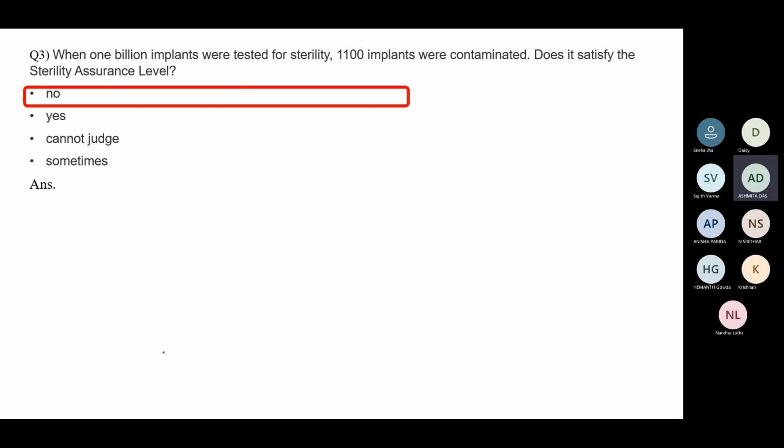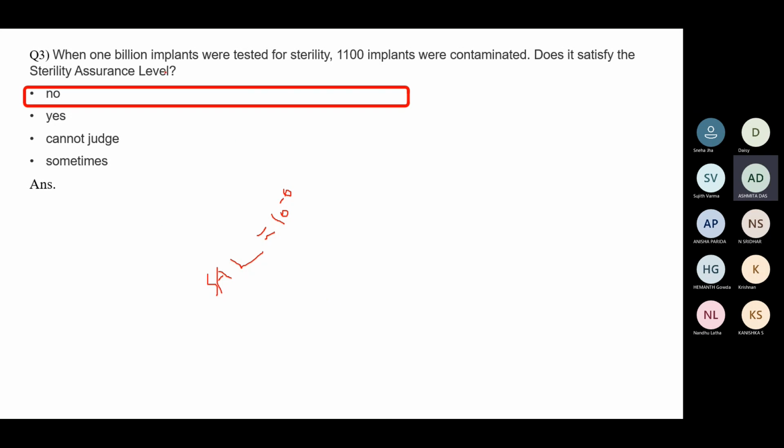For example, any manufacturing authority designs their sterilization process such that the SAL, the sterility assurance level, should be as low as 10 to the power minus 6.